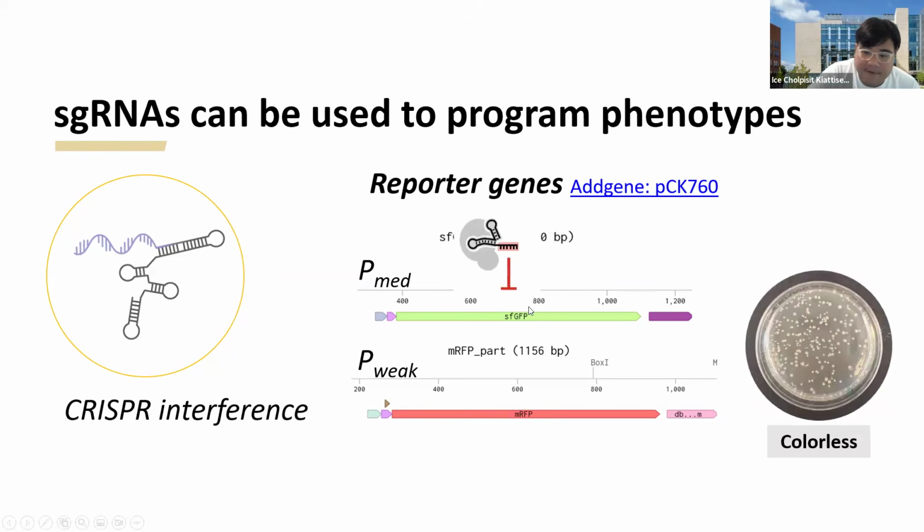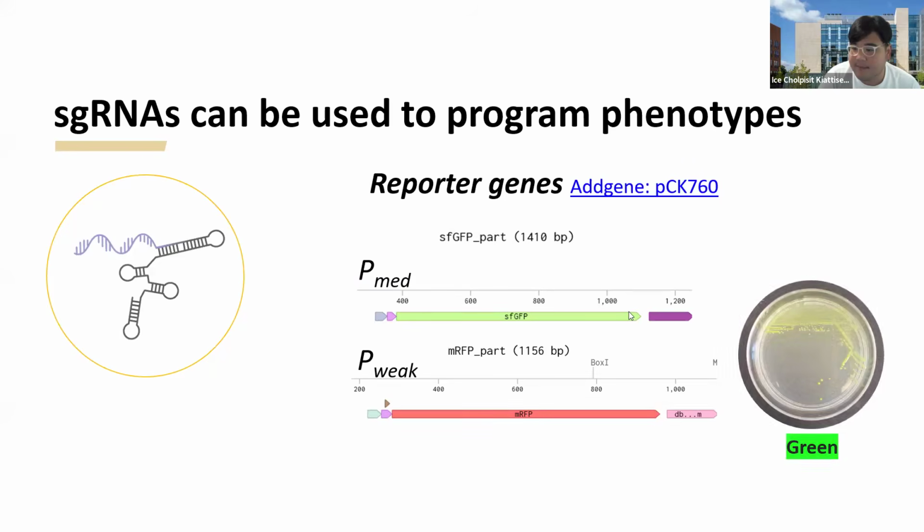An easy example of interference is if you start with something that was green. This reporter plasmid actually has two reporters. They have a medium expression of GFP, the green fluorescent protein, and a weak expression of mRFP, which is the red color. So if you just take it and put it into bacteria, they will have green color and not show any red color because it's so weak.